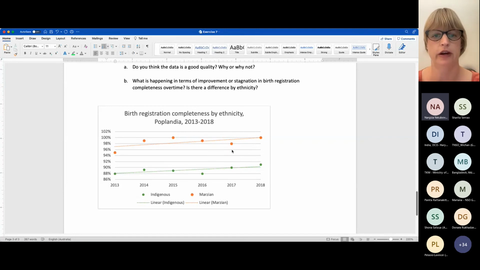Looking at this graph right here, I'm going to put up a quick poll for everybody.